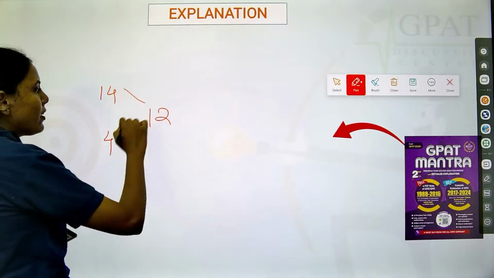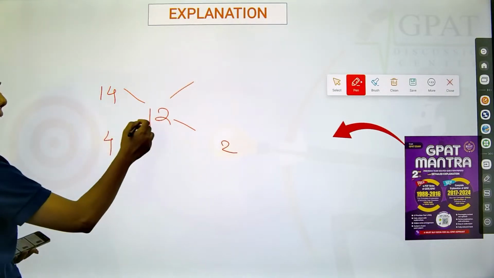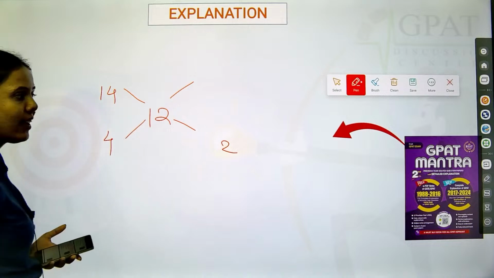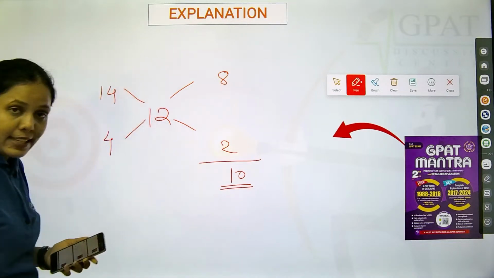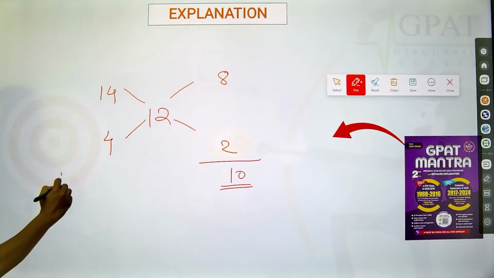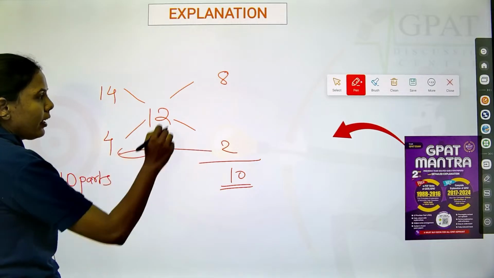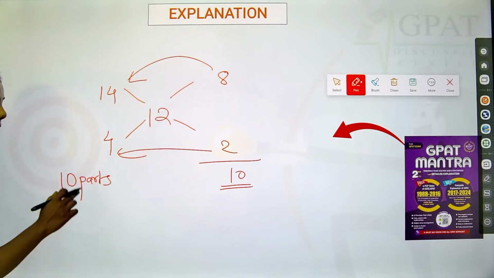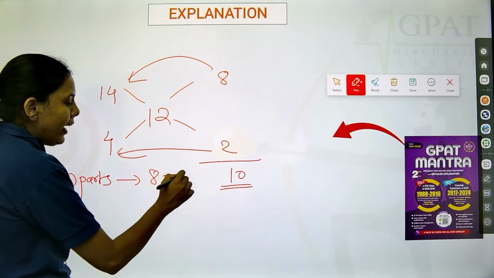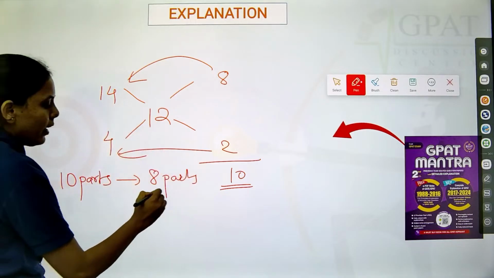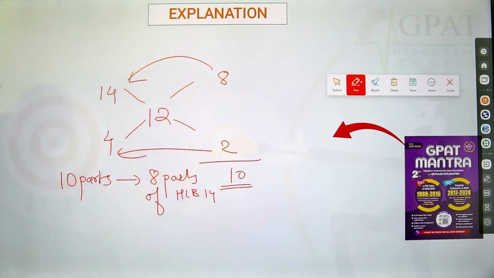Do the diagonal subtraction: 14 minus 12 is 2, and 12 minus 4 is 8. That means this is 10 parts. If you take 10 parts, in that 8 parts you will take of HLB 14 and 2 parts of HLB 4.